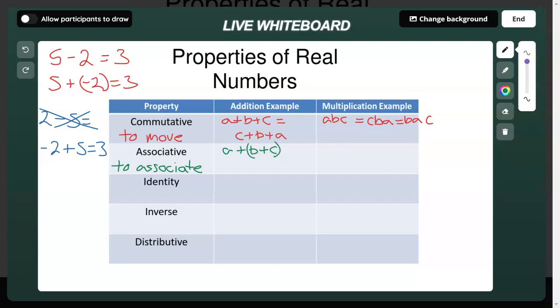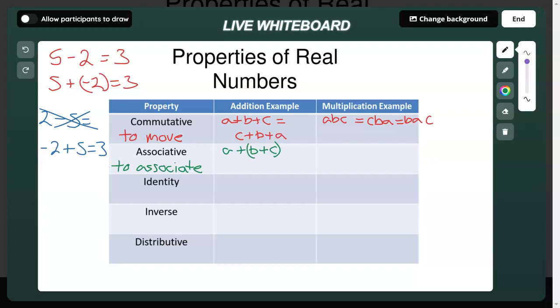We're dealing with parentheses. Okay? So now B and C are associating with each other. B and C are a group. And that says, hey, let's add B and C first before we add A. Well, that's what the commutative property did up here. We moved the order so that we added B and C first and then A. So it does the same thing. They're very, very closely related.